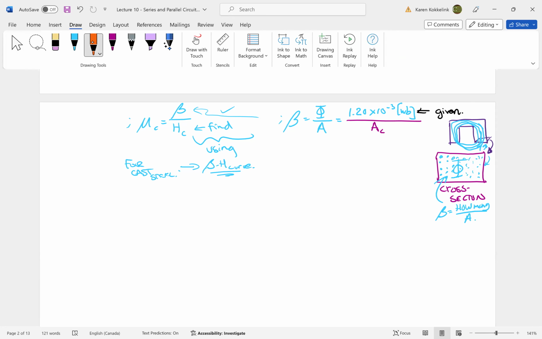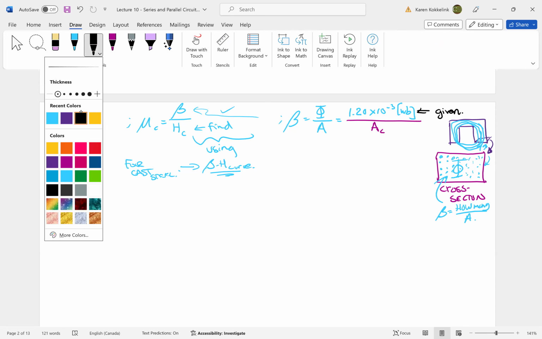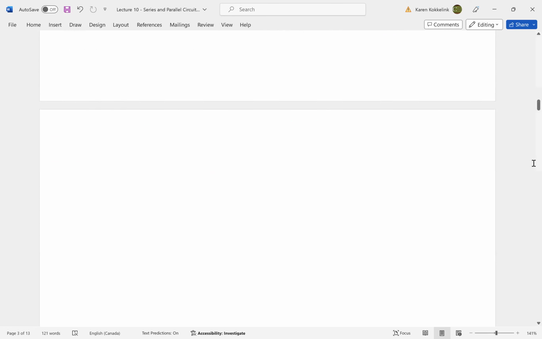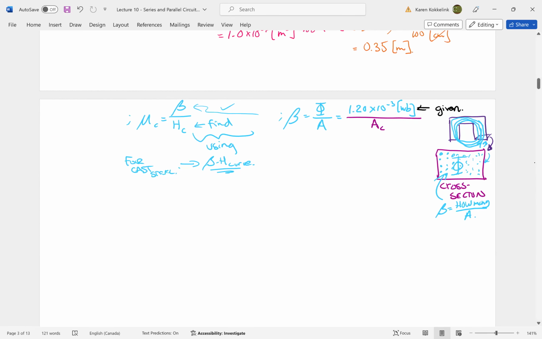We have this geometry already, and I believe it was 2.5 centimeters by 4.0 centimeters was this cross-section. Then I can put that in the equation here. 2.5 centimeters by 4.0 centimeters is my cross-sectional area.